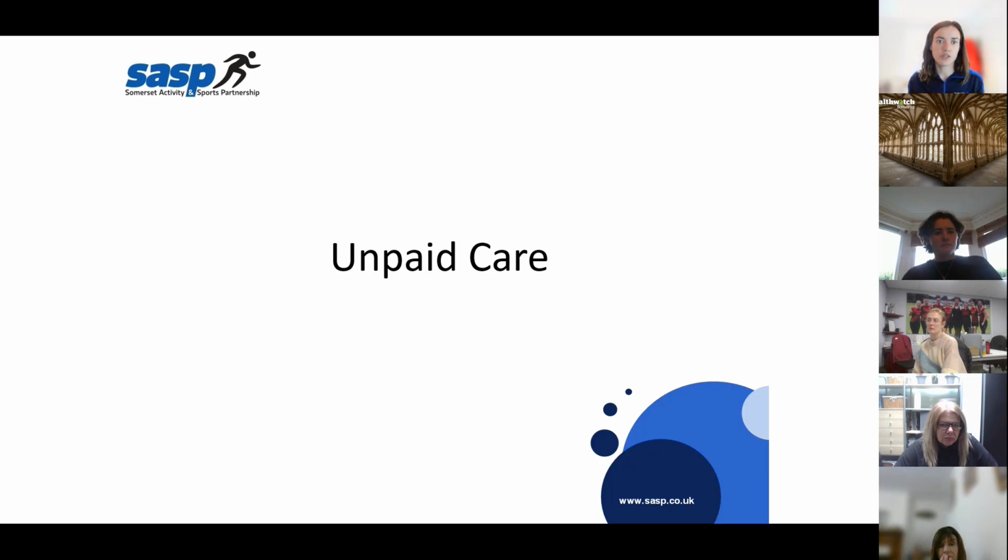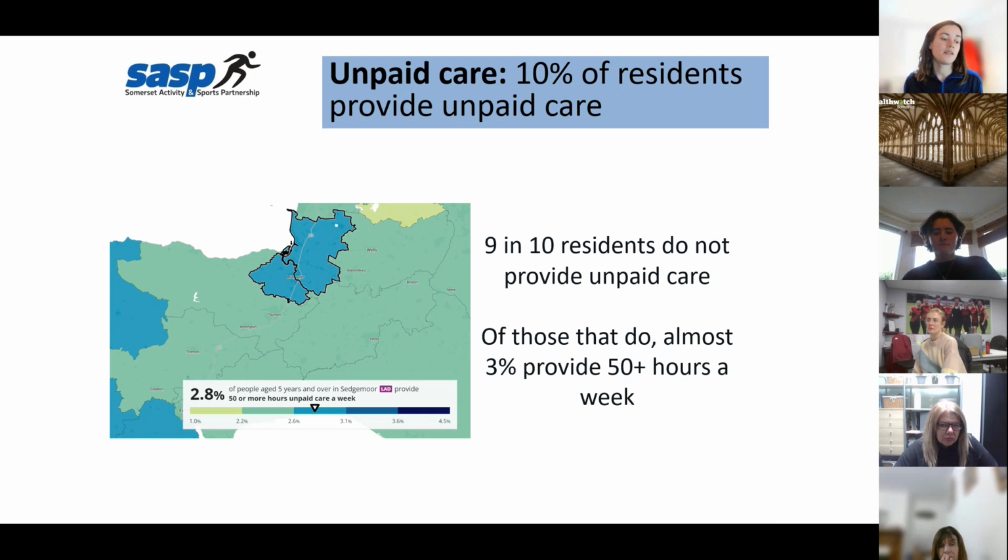Finally, I'm going to move on to unpaid care. In the census, they asked, do you look after or give any help or support to anyone because they have long-term physical or mental health conditions or illnesses or problems related to old age? The figures are relatively similar across all areas of Somerset with no major differences across different places.